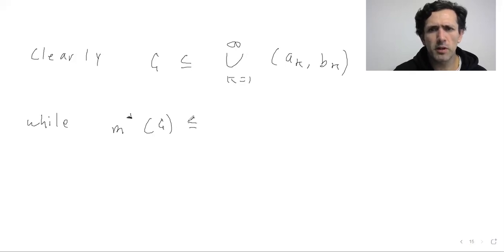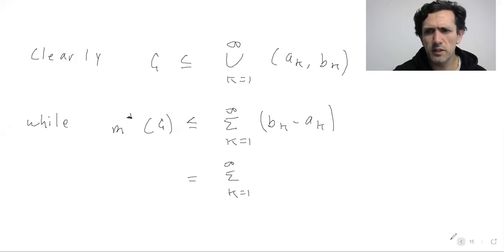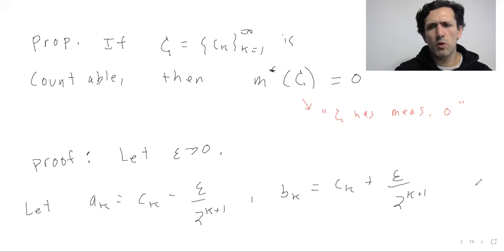So in particular, the infimum is less than or equal to the total length for this one particular countable cover of C by open intervals. So this is going to be the sum of b_k minus a_k. You can check easily, it's just epsilon over 2 to the k.